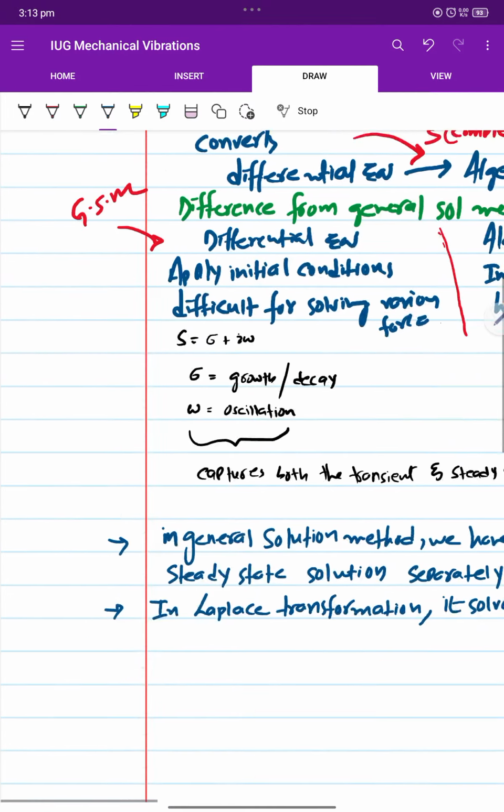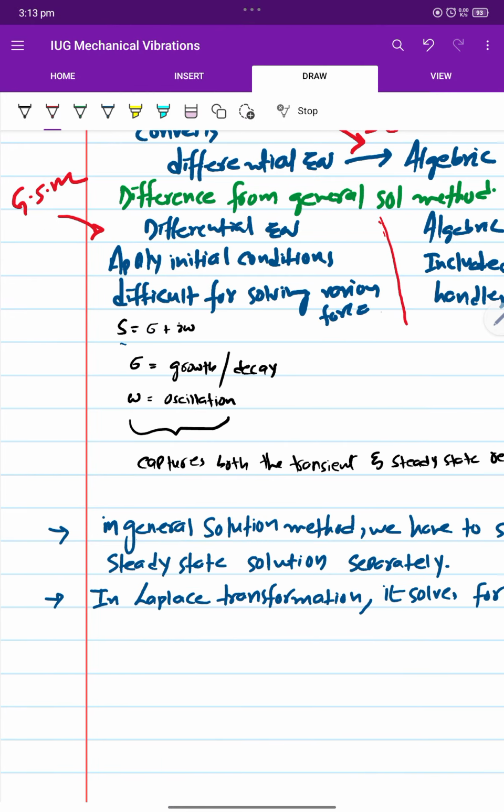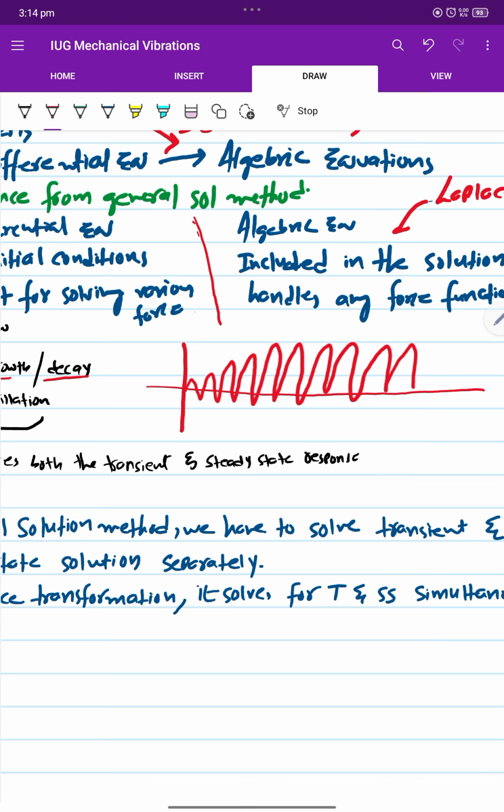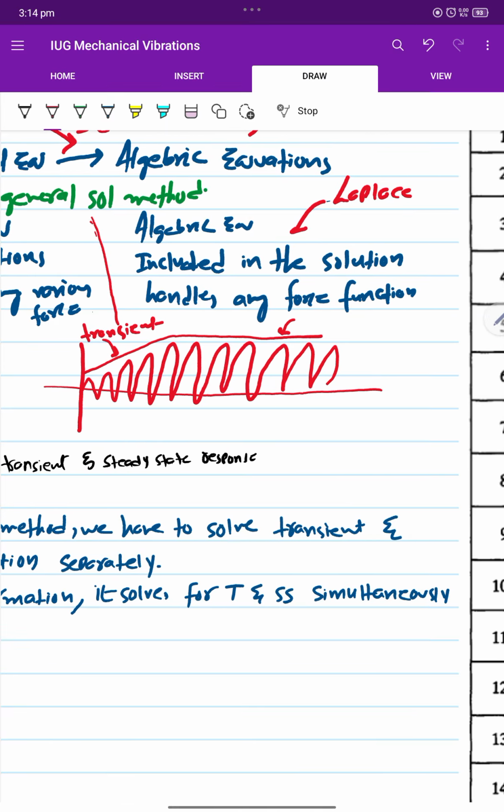Why is that so? Because the Laplace complex variable s is equal to sigma plus iota omega, where sigma represents the growth or the decay of the vibration, while omega represents the oscillations. In any general vibration behavior, it maybe starts like this and keeps on increasing and then achieves a constant vibration amplitude. This growth part is called transient, and once it achieves the constant amplitude it becomes steady state.